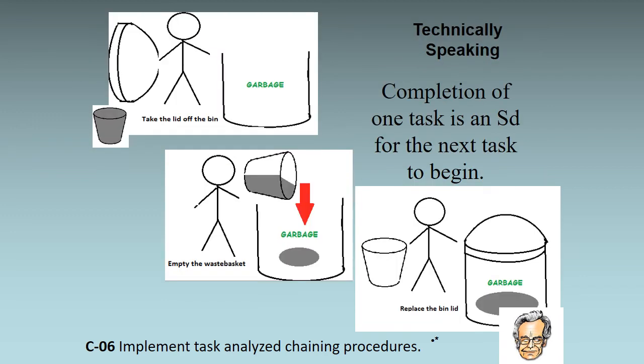Once you get to the bigger garbage can, that's an SD for taking the lid off, which then serves as an SD to pick up the smaller wastebasket and put it into the garbage can, which then serves as an SD to put the lid back on. Therefore, in a chain, the completion of one task is an SD for the next task to begin.